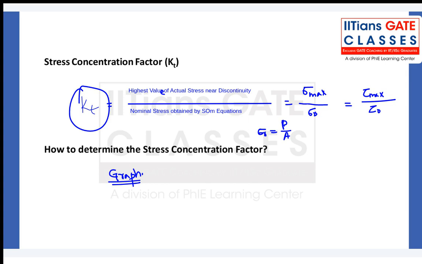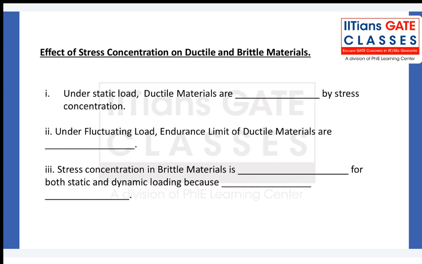The graphs will not be available for each and everything, because it is not possible to quantify stress concentration for machining scratches or impurities. But mainly the graphs are for abrupt changes in cross section. If the cross section changes by this amount, what will be the value of the stress concentration factor? It can be easily found out by graph, but it is not required for GATE purposes, because till now questions have never been asked with respect to graphs. But it is good if we know.